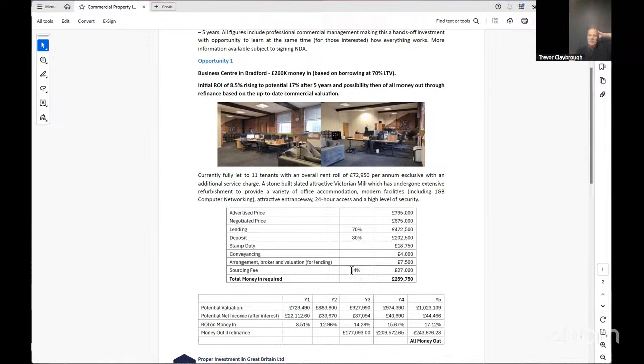We're obviously doing work, we're finding them. Sometimes you say, why is the sourcing fee 4%? My answer to that would be, would you like it to be 5 or 6%?